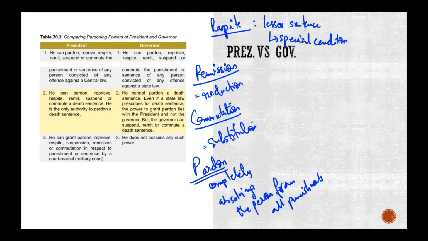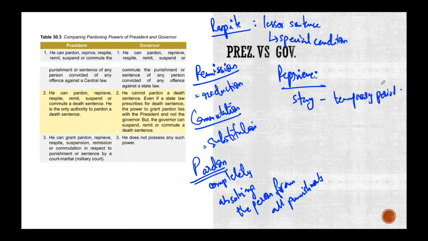So respite. And then we have one more, which is reprieve. Stay for a death sentence. Stay for a temporary period, right? Excellent.